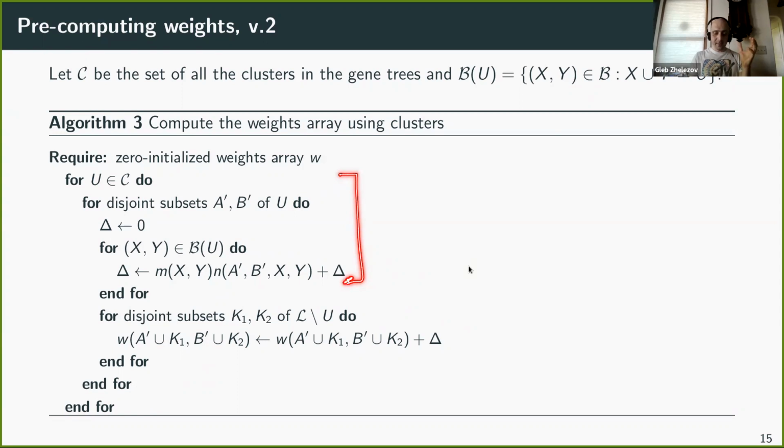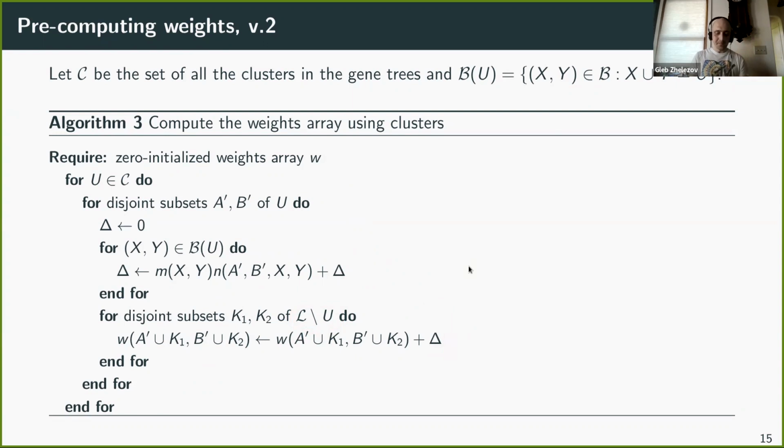And once you've done that, you do the second part. You look at all the disjoint subsets K1 and K2 of the complement of U, and you iterate over this thing just once. And when you're doing an exact calculation, this is gigantic, right?